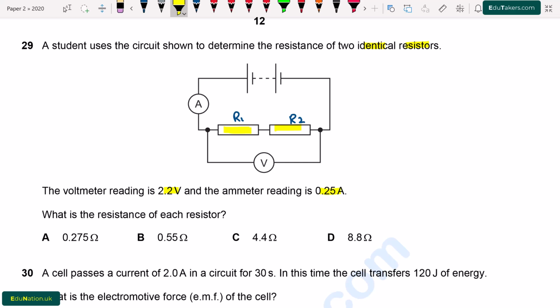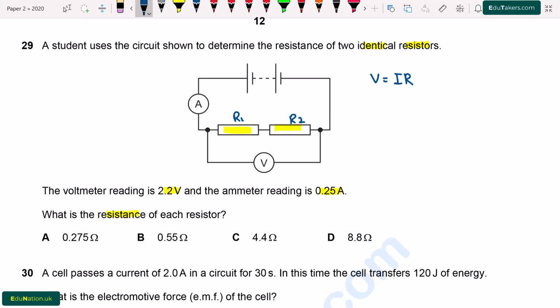What is the resistance of each resistor? So basically here we have to find the value of R1 and R2. The voltmeter reading is given, which is used to measure the potential difference, and the ammeter reading is given, which is used to measure the current.